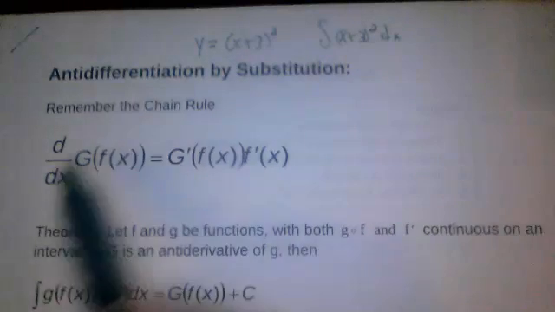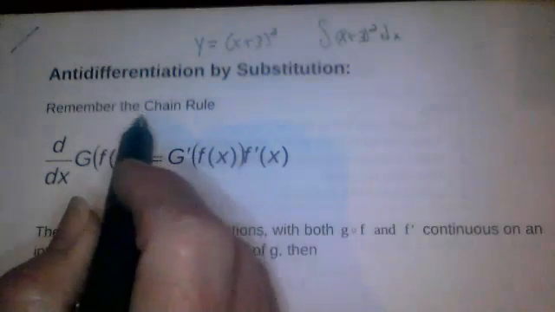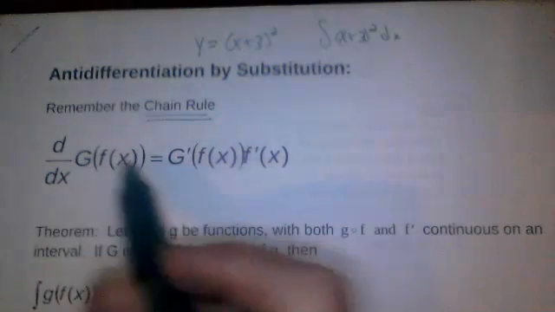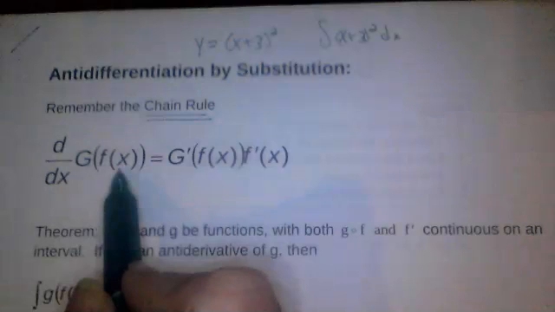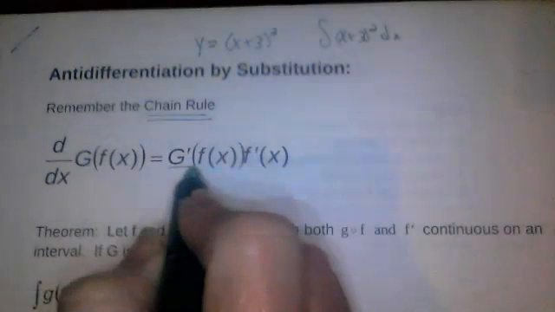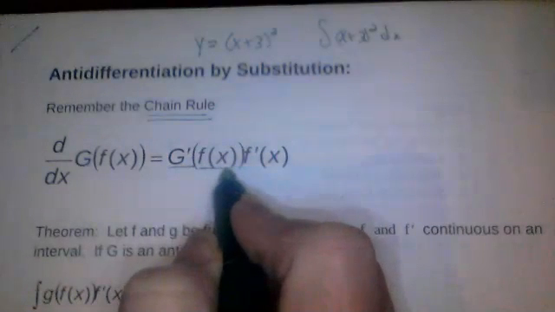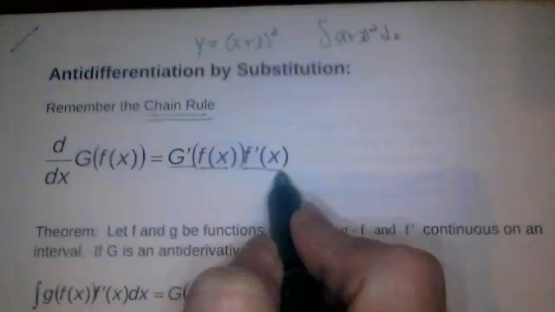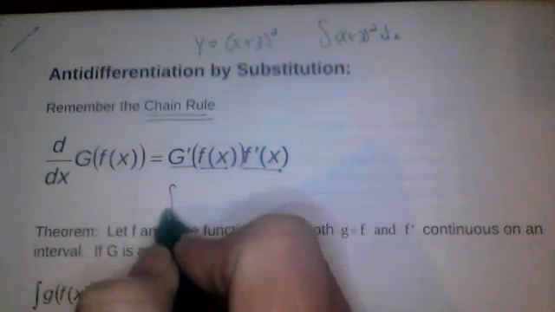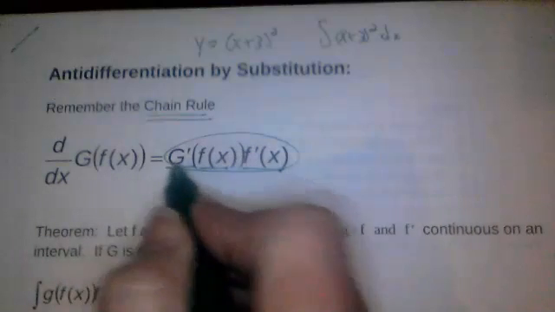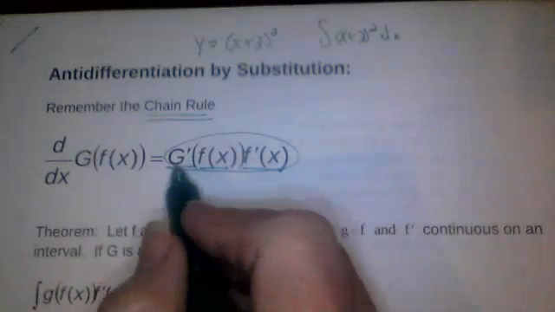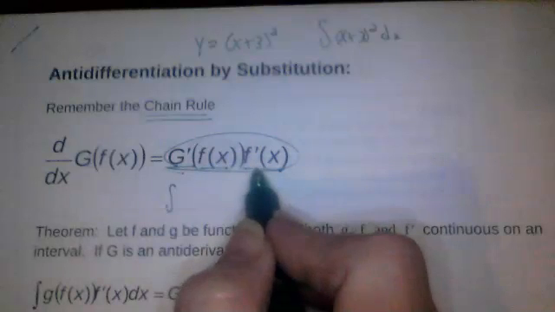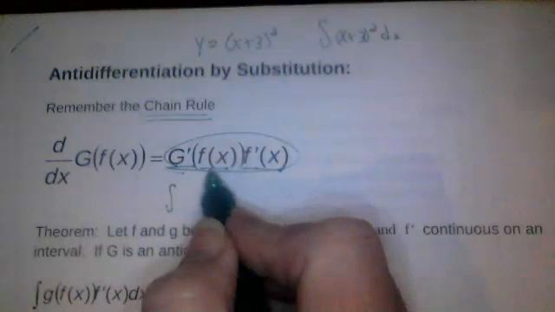So remember that our chain rule for derivatives said that if we have a function inside of a function, we take the derivative: it's the derivative of the outside function, inside stays the same, times the derivative of the inside function. So it would make sense that if we wanted to integrate this, all of this would have to be present, not just this portion, but the derivative of the inside as well.